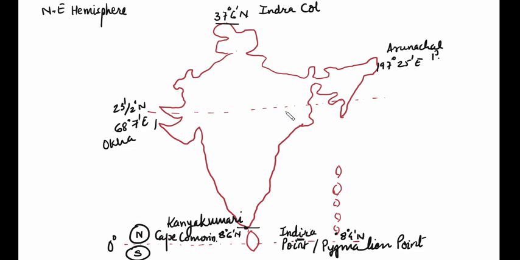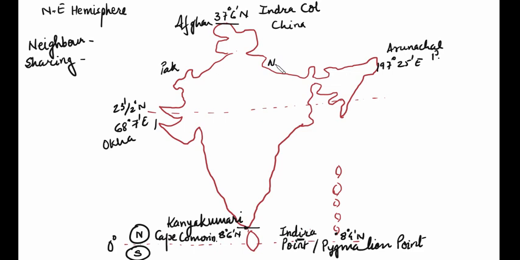Okay. Then we have the following countries as our neighbor. Now there are two terms, neighbor and the countries with whom we are sharing our boundaries. So let's go through first the point neighbor. How many neighbors does India have? So Pakistan at northwest side, then Afghanistan here, then China, then Nepal, not this side, this China and Nepal is said to be on the other side.